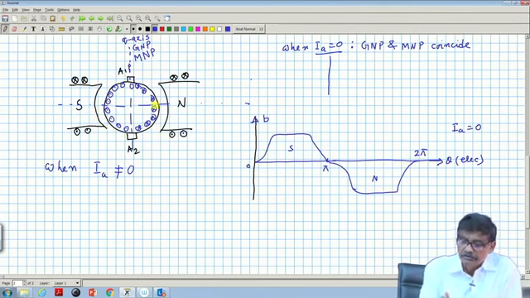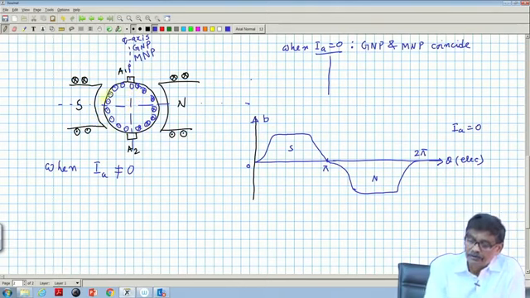Now, the question is how to sketch this field due to this current distribution. We have discussed it in case of electrical machine too, but I will quickly tell you how to find that out.